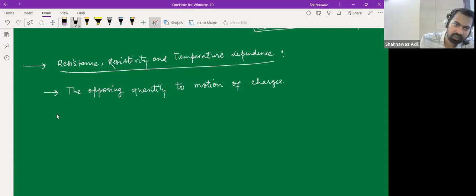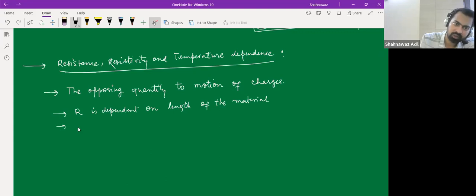And this is dependent upon the length of the material, right?